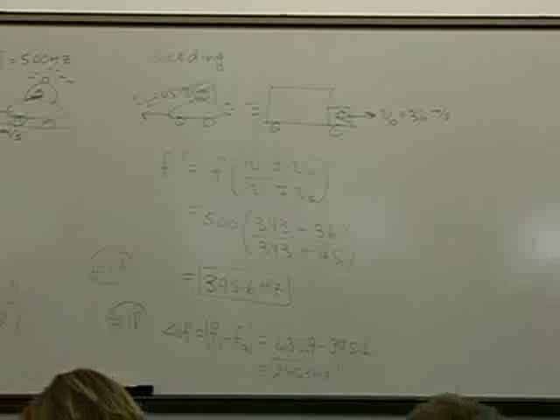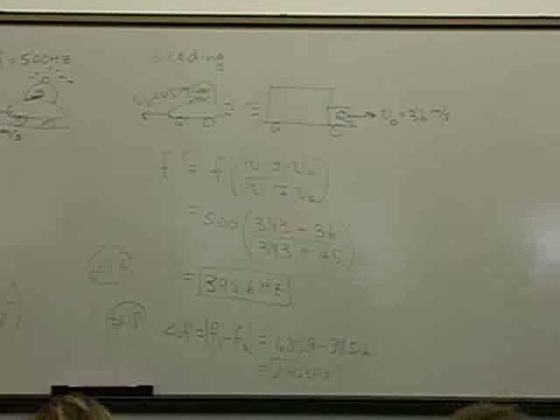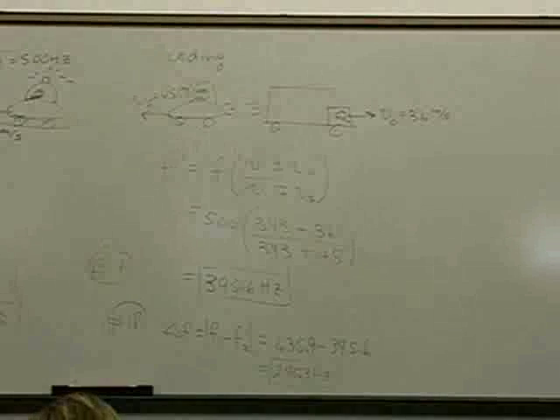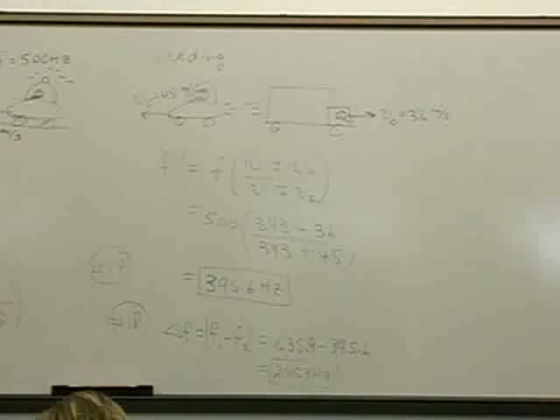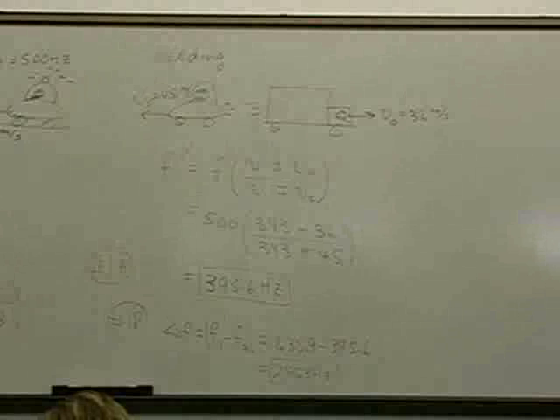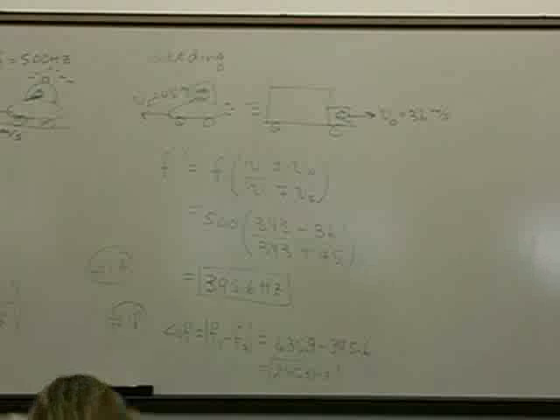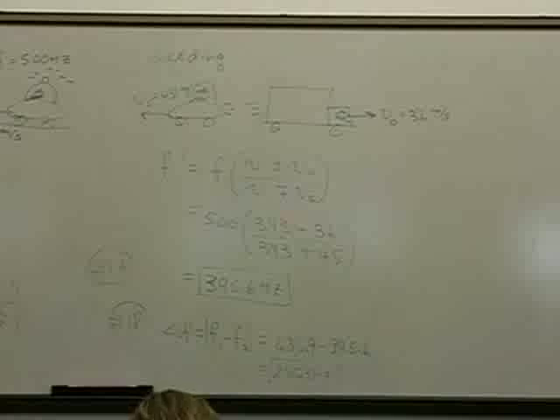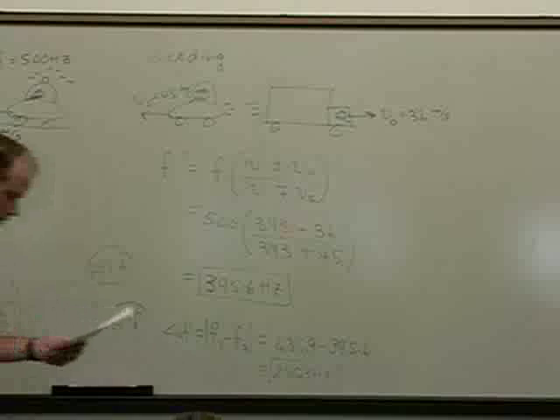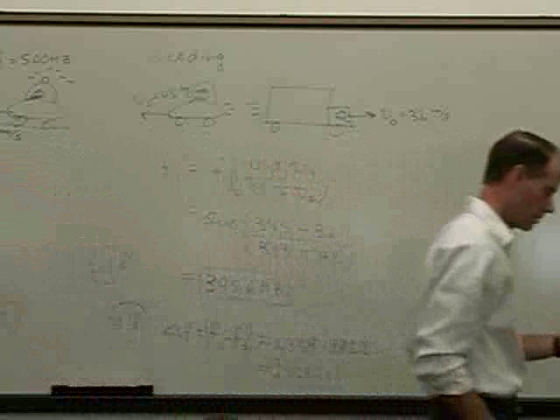These are suggested types of problems that might be similar to the kinds of problems you should expect on the first exam. Right now, theoretically, you should be able to do problem number 1, problem number 2, problem number 3, 4, 5, 7, and 8.